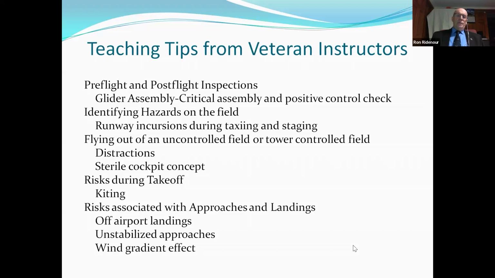I know that we can't take apart the training gliders and put them all together all the time, but there should be some time devoted toward actual hands-on glider assembly or disassembly.